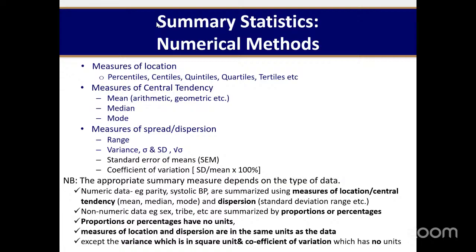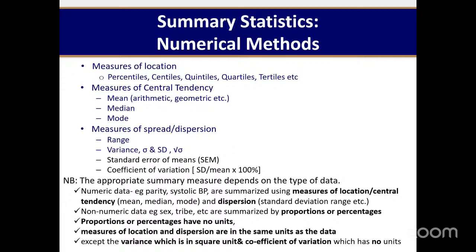Okay, so let's look at the numerical methods of summarizing data. Basically, we have the measures of location, the measures of central tendency, and then the measures of spread.